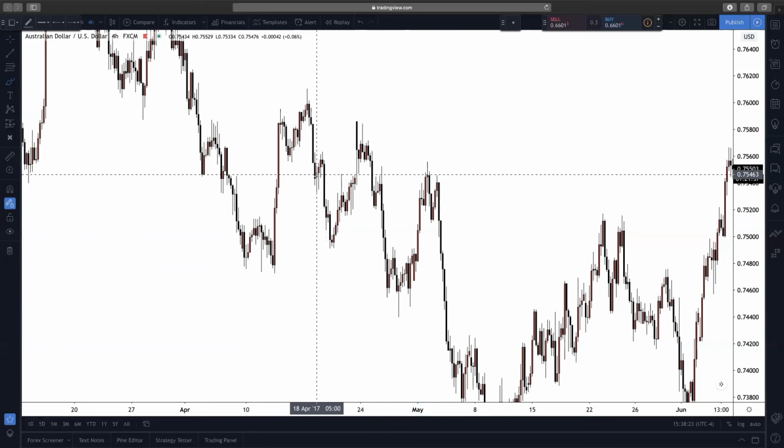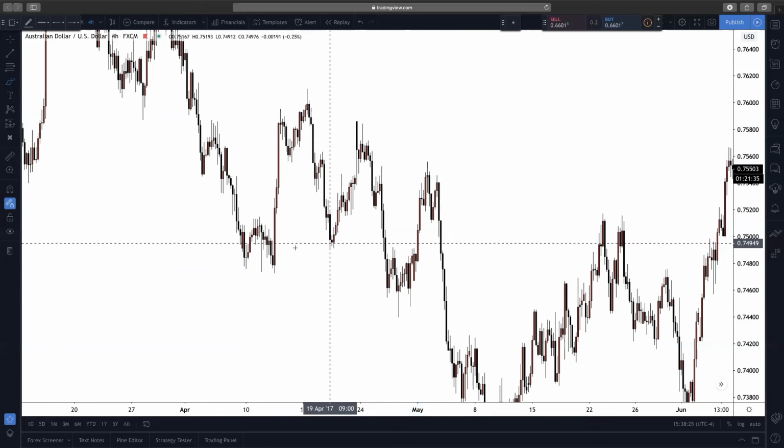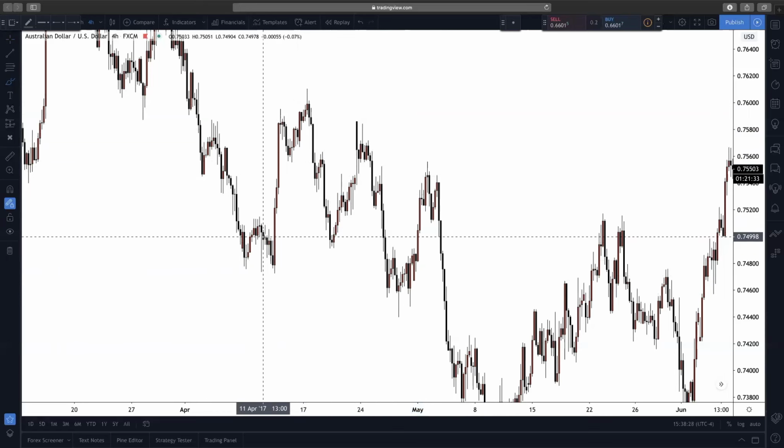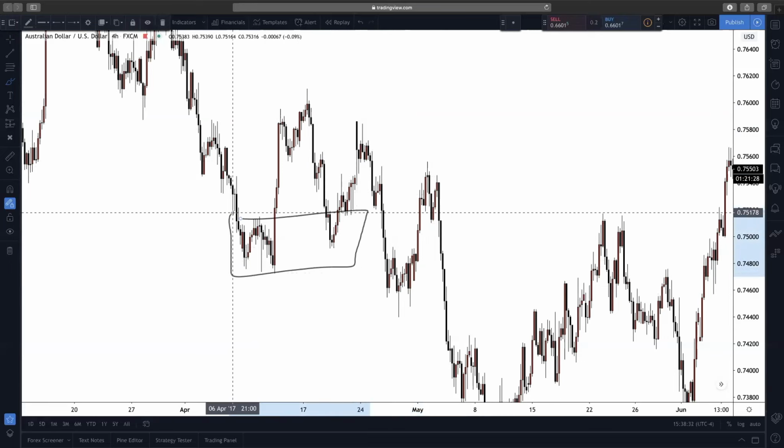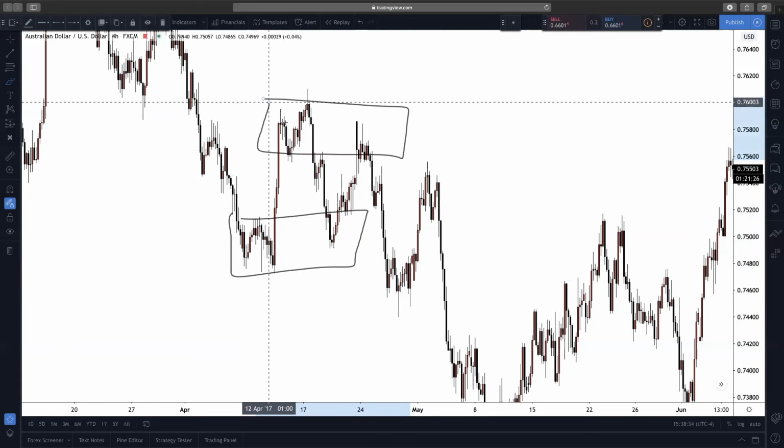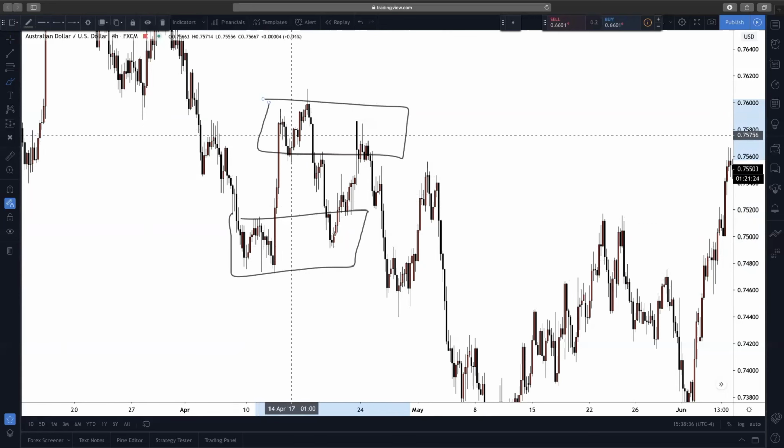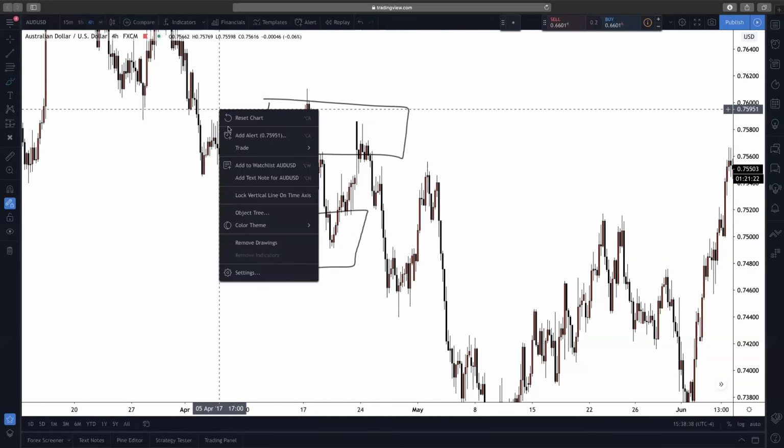And as you can see, we came back here. So it's interesting because we could trade both the demand area and the supply area within this structure here, right?